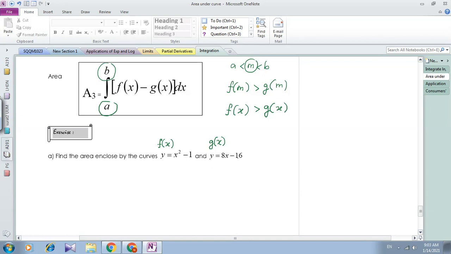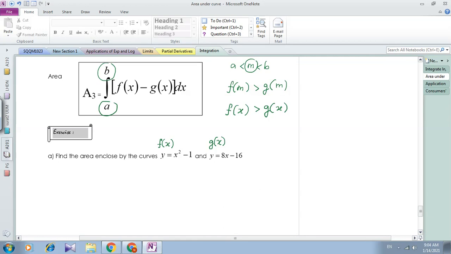Now the next step is you must find the lower limit and the upper limit, since they are not given. How can you find them? By solving these two equations simultaneously, just like what you have learned in the earlier chapters.